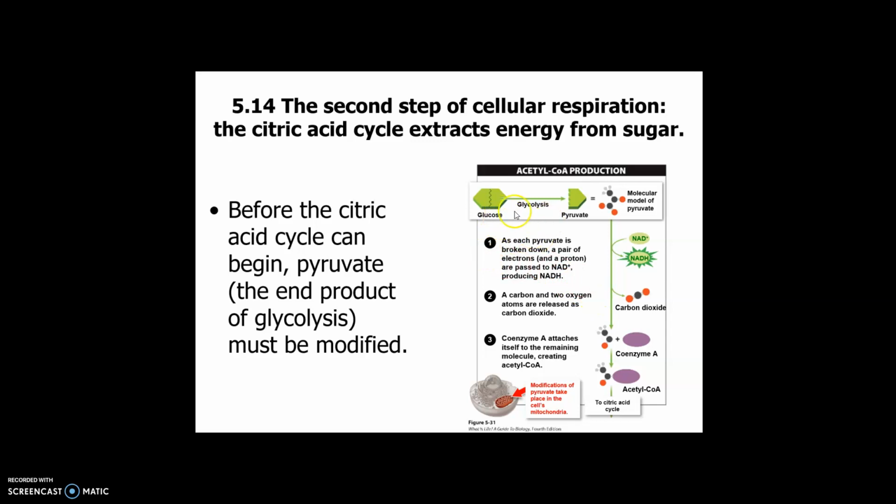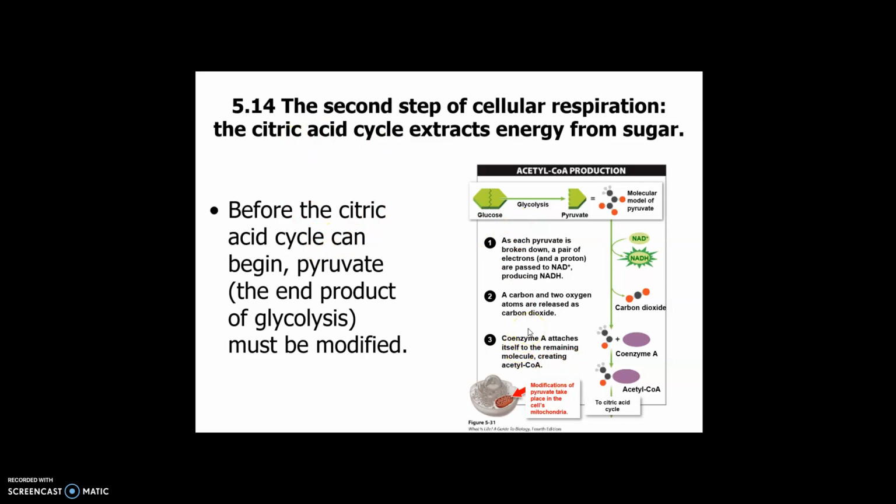And there's an intermediate step in there that you want to make sure you take a look at in general. But whatever comes from glycolysis continues to be processed through the citric acid cycle, meaning that energy continues to be extracted from what was once glucose.